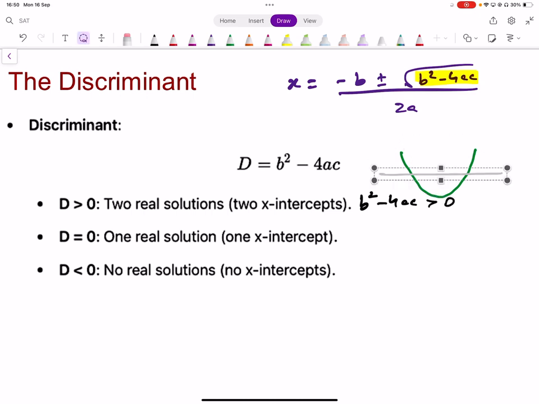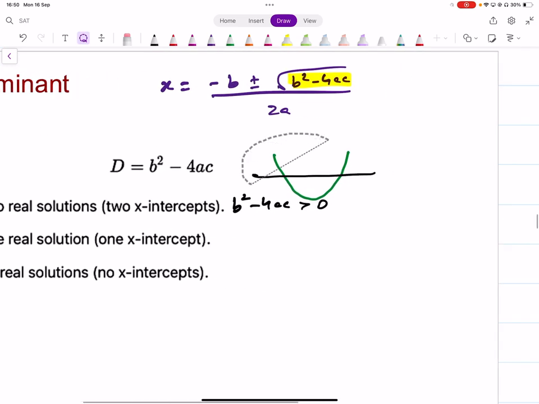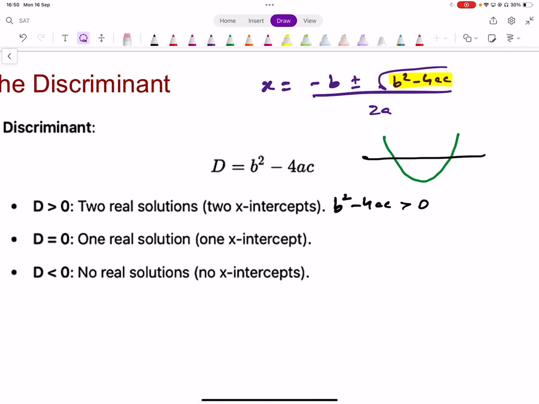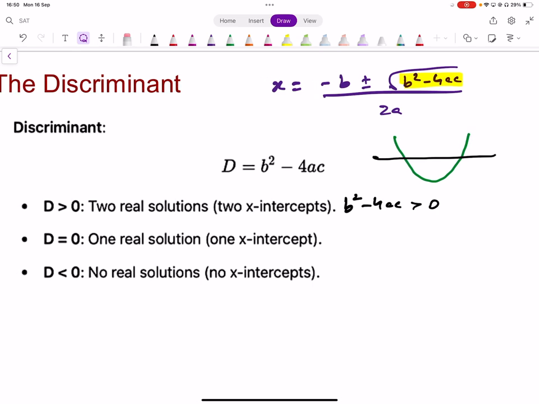This b square minus 4ac has this name, discriminant. So whenever we refer to discriminant, this is what it means, b square minus 4ac. When you have two x-intercepts, 2 points where the curve crosses the x-axis, b square minus 4ac is greater than 0. Is that okay?